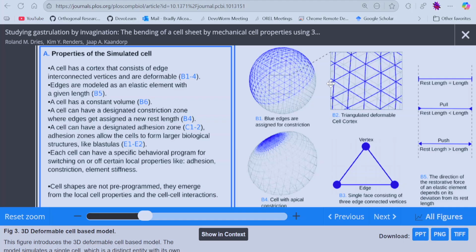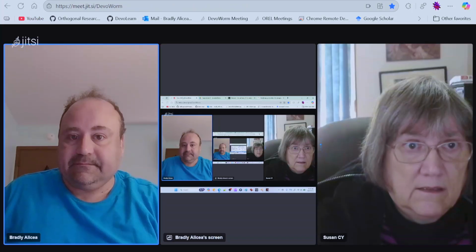You can just look at how the cells respond collectively to mechanical properties of the embryo environment, and then map that onto the surface of an embryo. So when the surface phenomena happens, that can be simulated in silico.